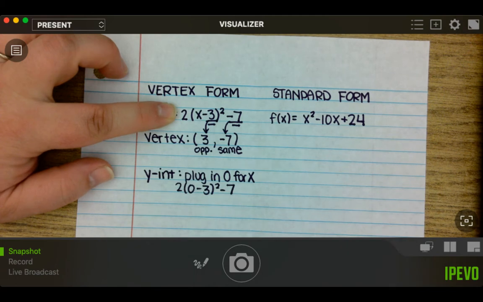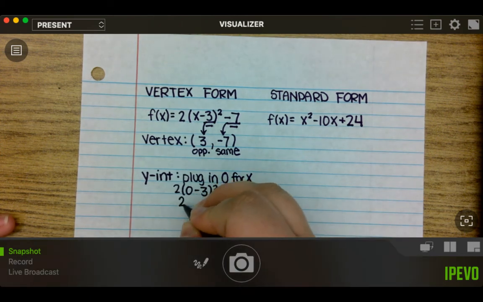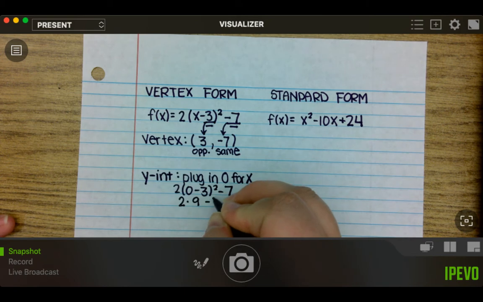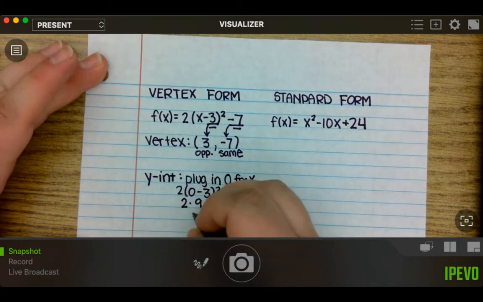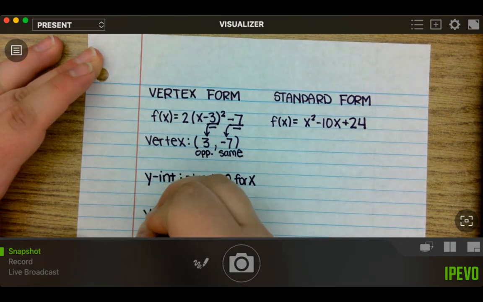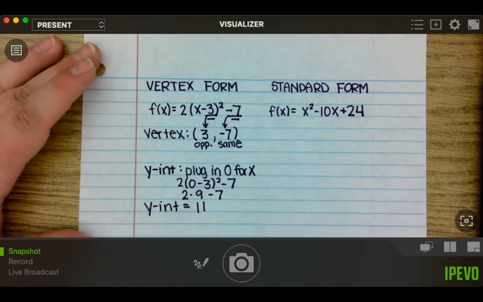I'm going to do it in my head just because I want to try it. 0 minus 3 is -3. -3 squared is 9. So I basically have 2 times 9 minus 7. Well, 2 times 9 is 18, and 18 minus 7 is 11. So my y-intercept is 11.